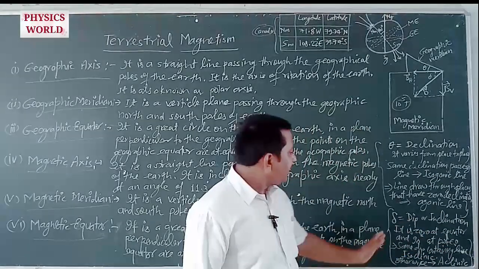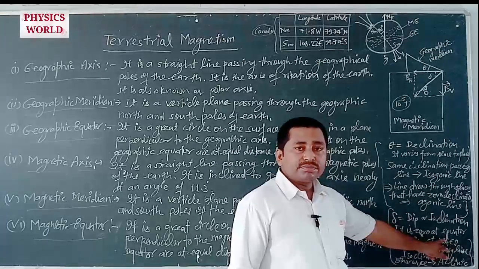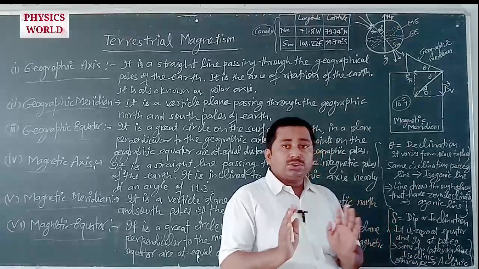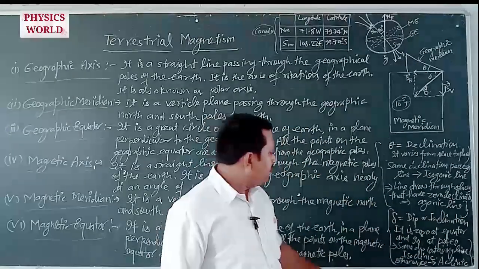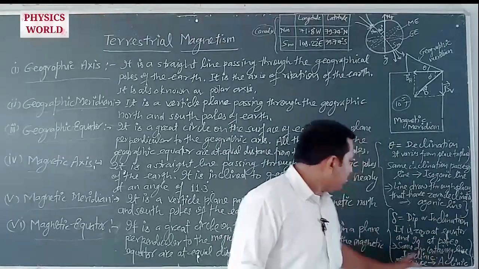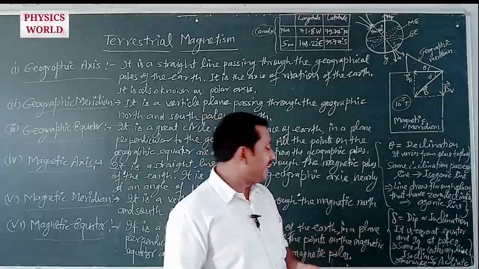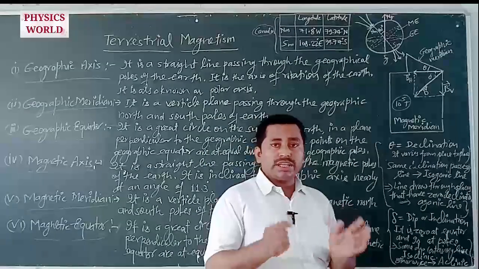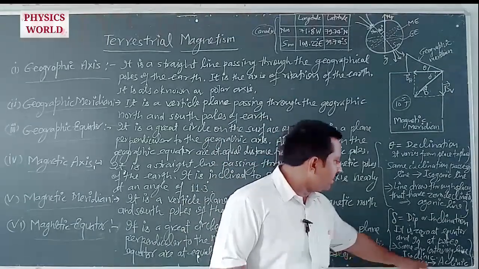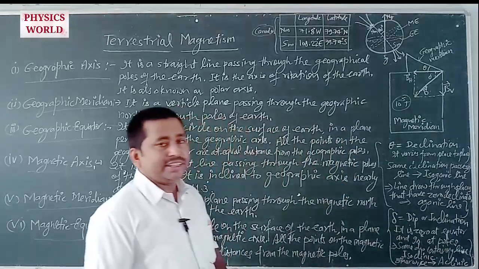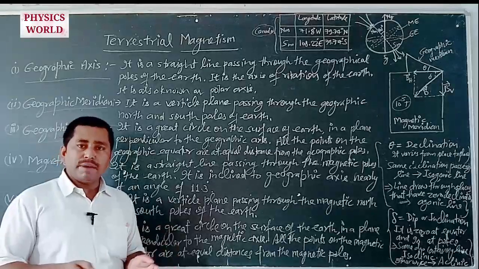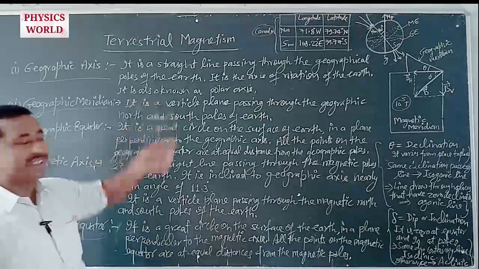It is 0 at the equator and 90 degrees at the poles. If we draw two lines on the map and they possess the same dip or inclination, these two lines are known as isoclinic lines. But if they do not possess the same dip or inclination, they are known as aclinic lines. These are the basic properties related to Earth's magnetism and terrestrial magnetism.